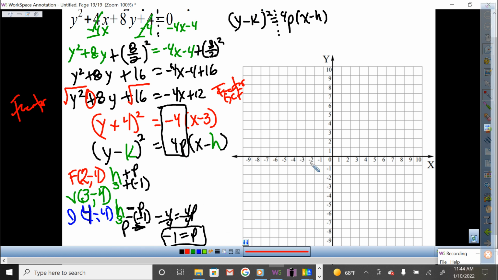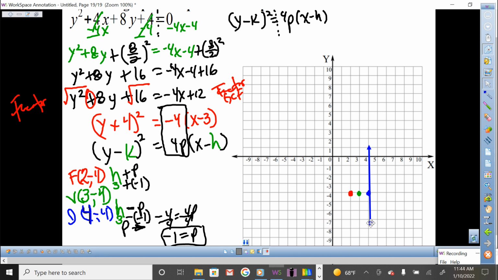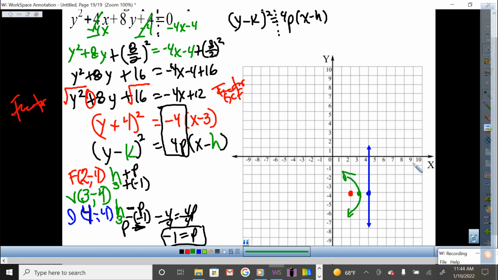Plot those and see if they are equidistant. (2, -4). (3, -4). (4, -4). With a directrix going through that last point. And our parabola goes through the vertex, opening away from the directrix, and there you go.